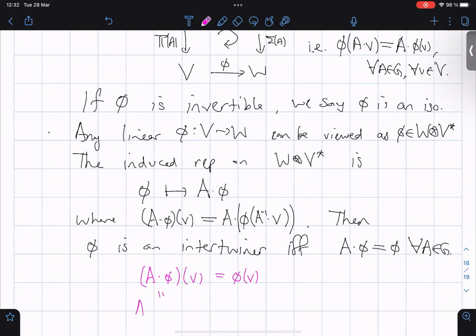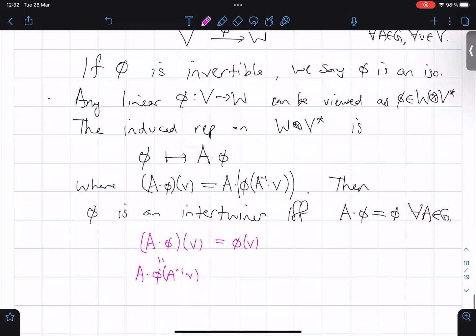I'm just going to replace this whole input by some V tilde. So you have A dot phi V tilde is equal to, and V tilde is this A inverse V. So that means V is A V tilde, which is the condition that we had above.